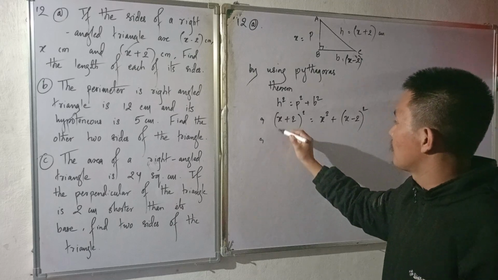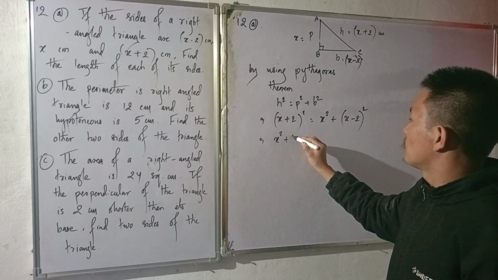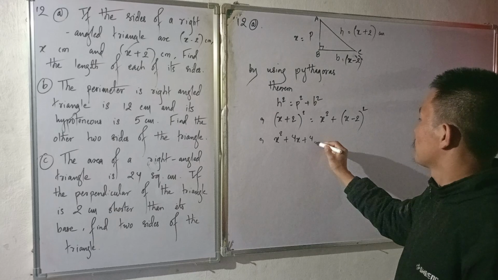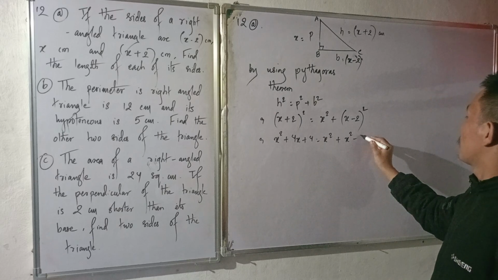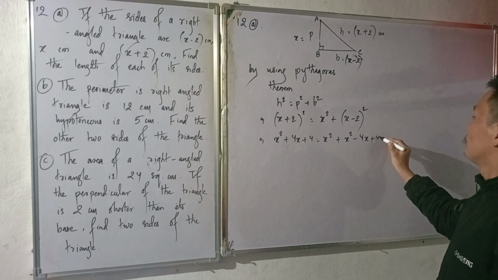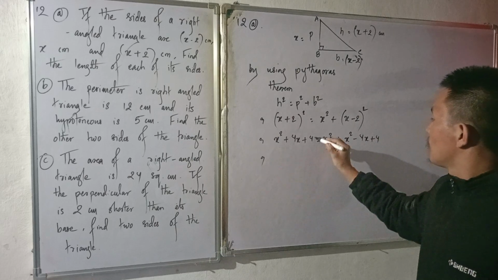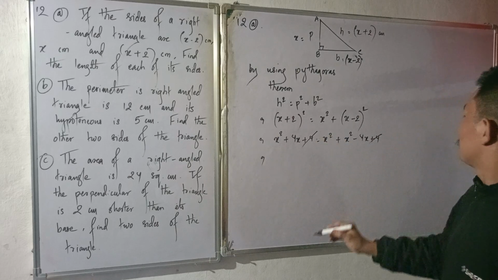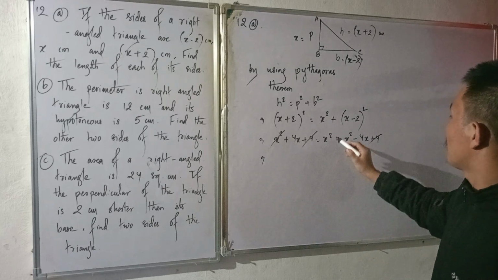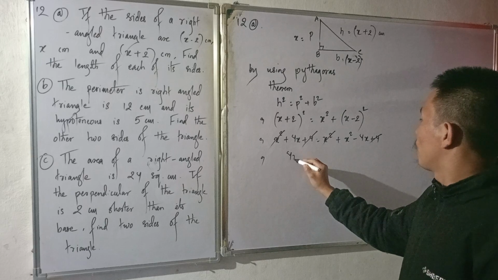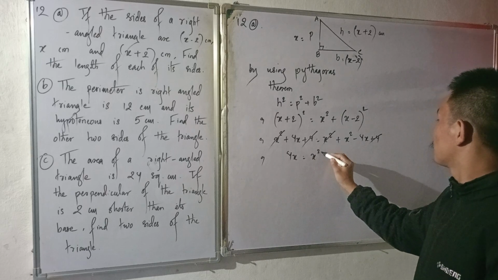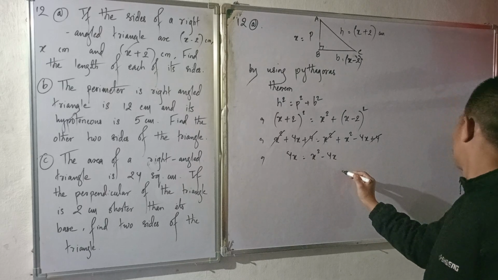Now you can simplify this. x square plus 4x plus 4 is equal to x square plus x square minus 4x plus 4. So plus 4 gone, x square plus x square gone. Now the remaining is 4x is equal to x square minus 4x.